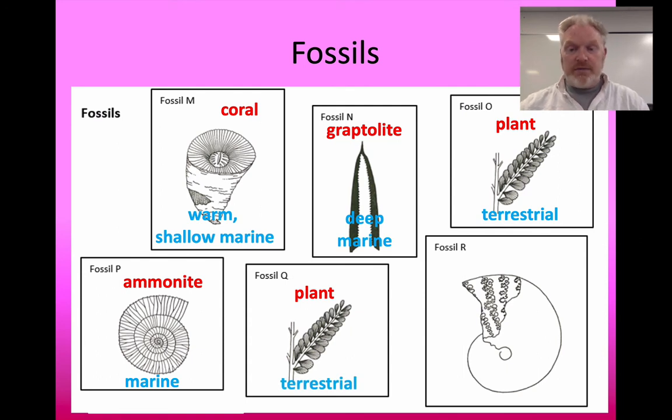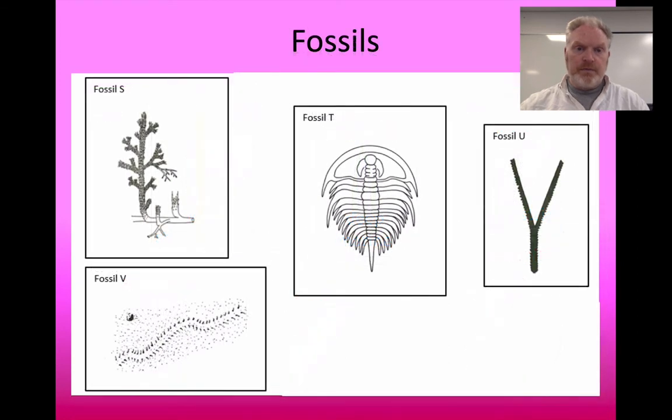Fossil R then, we see that again distinctive coral shape, but it's slightly different to fossil P, is also an ammonite, which is marine. Fossil S then is a plant, so it's terrestrial.